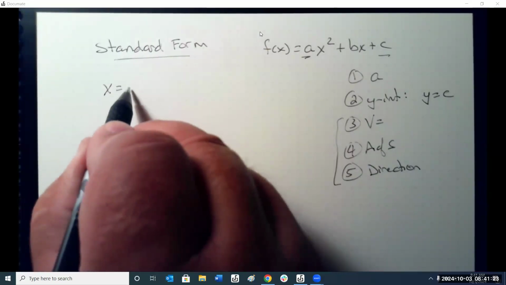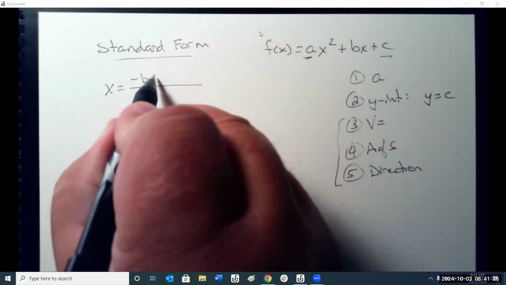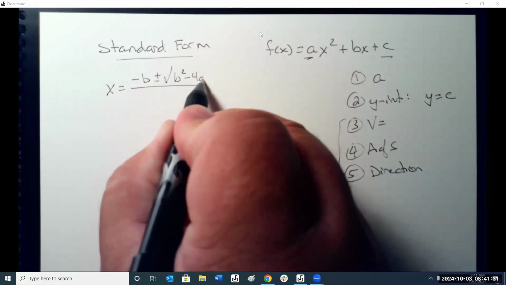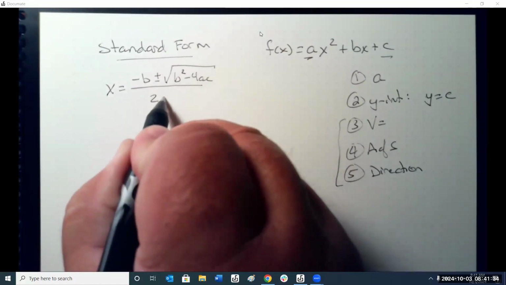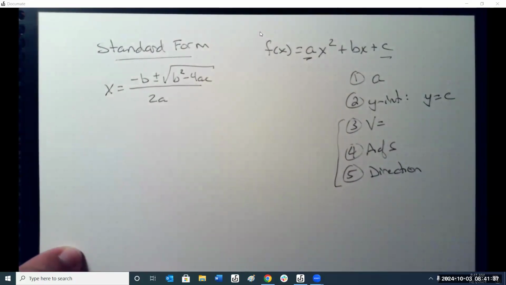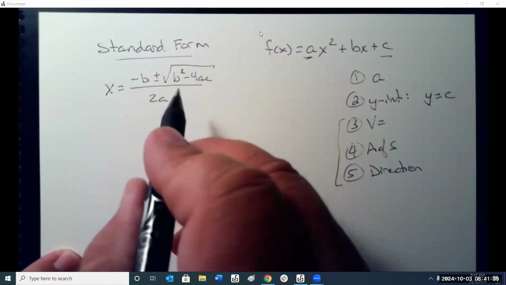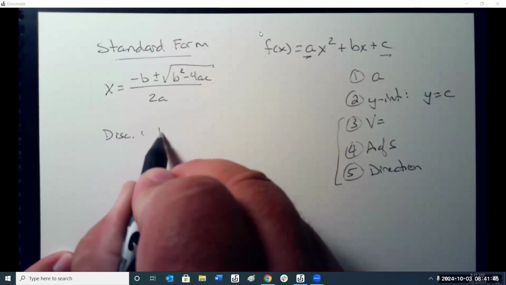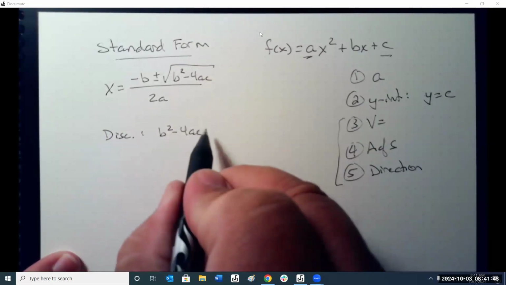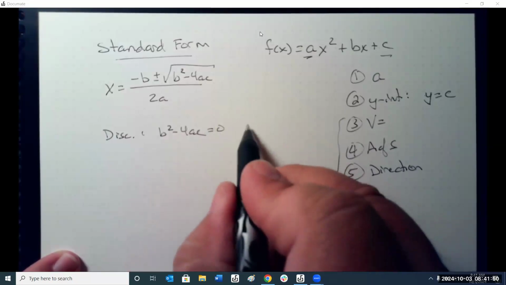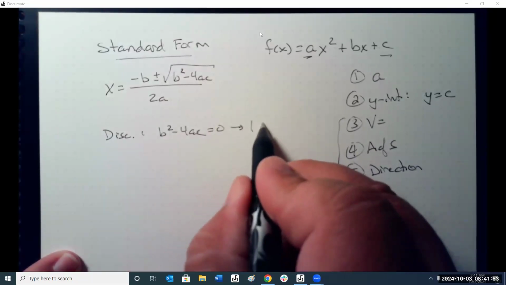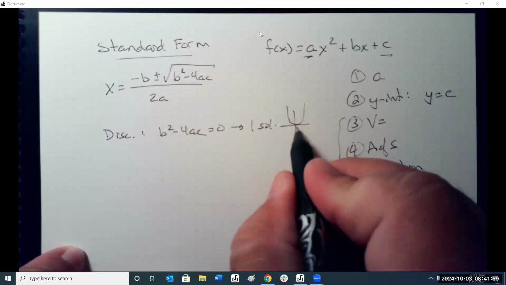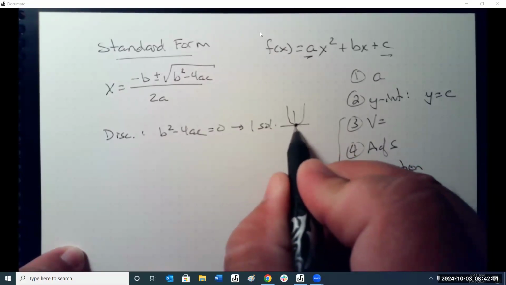If you remember, when we did the quadratic formula, remember, we had the discriminant is b squared minus 4ac. When it equals 0, we found out that we only had one solution because the graph of that one is there. So the graph of this one is the vertex.